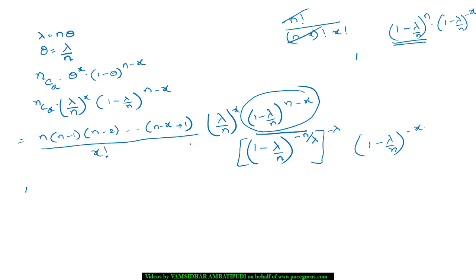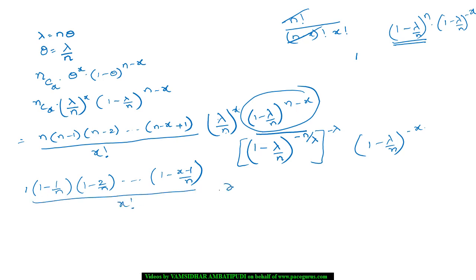So I am dividing all of them, which becomes 1 into 1 minus 1 by n into 1 minus 2 by n, up to 1 minus x minus 1 by n. So I am dividing all of them by n power x. This becomes divided by x factorial.